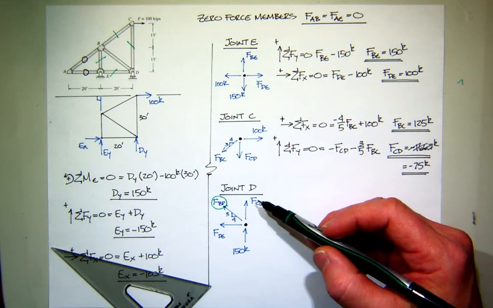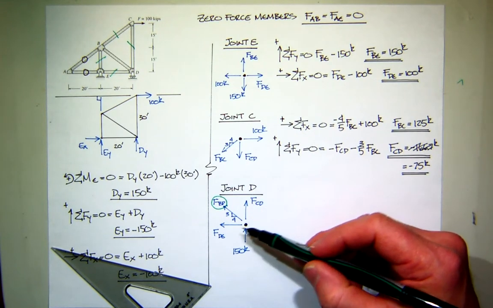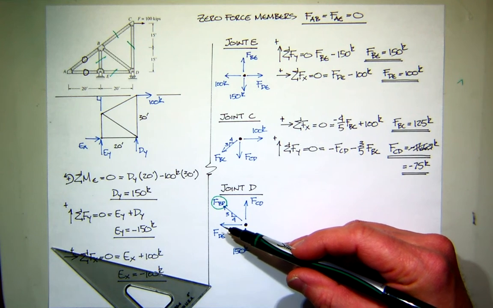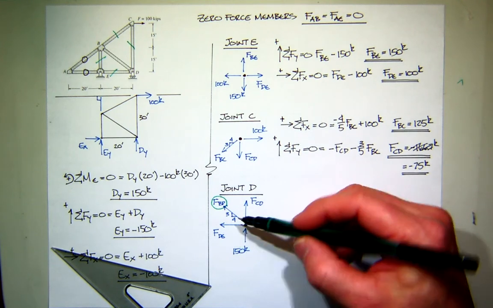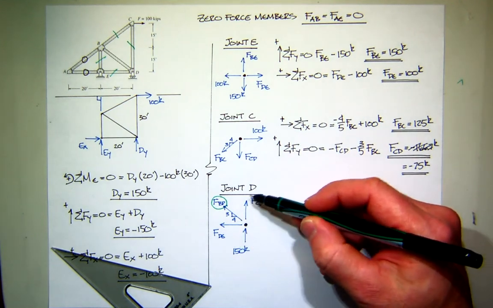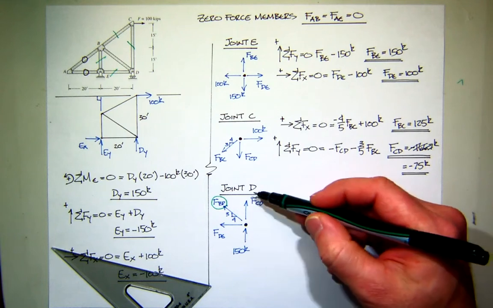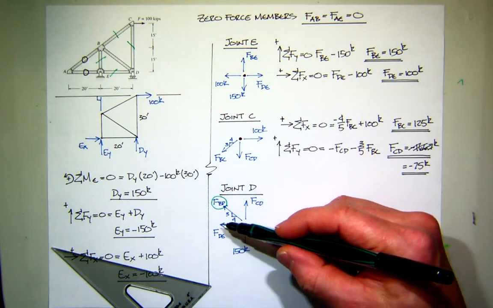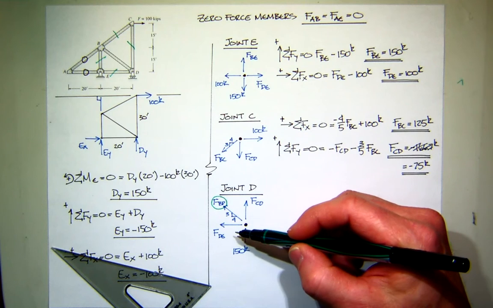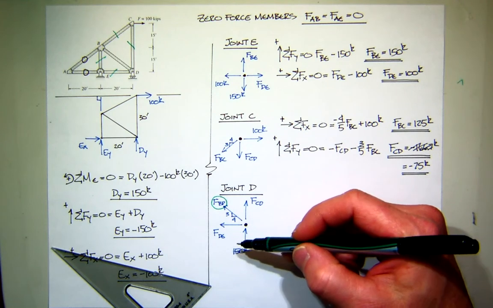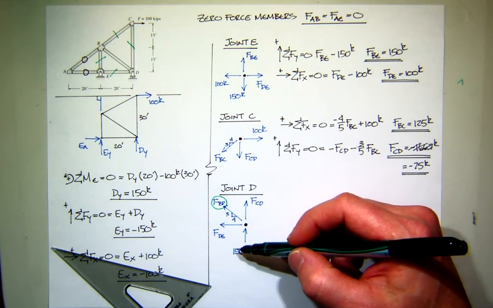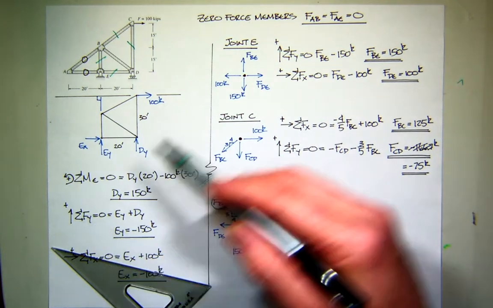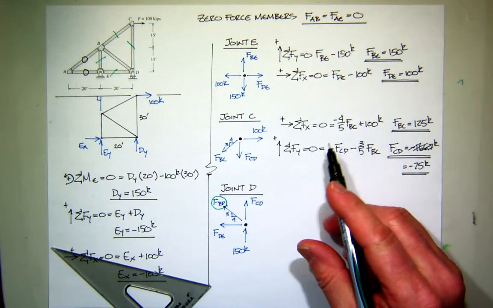If you sum forces in the y direction, you have to compute this one. Now, there is one small advantage in that in the y direction, you have to include not only the reaction, but the bar force. In the x direction, you just include what? One bar force. So that one might be slightly easier to do. But at this point, if you've made errors here, the whole thing's full of mistakes.